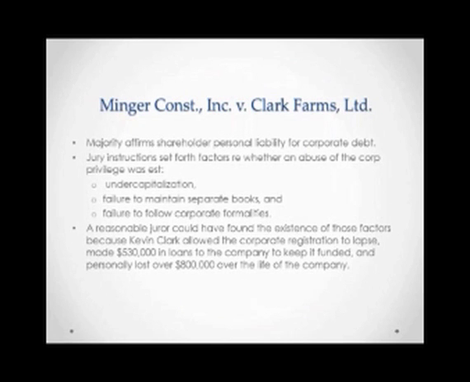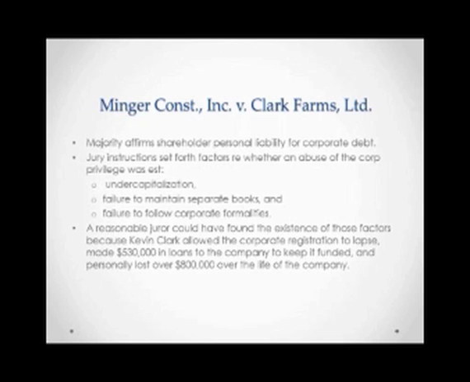The majority affirms shareholder liability in this case. So there's a lot of discussion about the jury instructions and the different factors that are set forth in determining whether to pierce the corporate veil, specifically, whether an abuse of the corporate privilege was established. Some of those factors are, was the LLC or corporation undercapitalized?